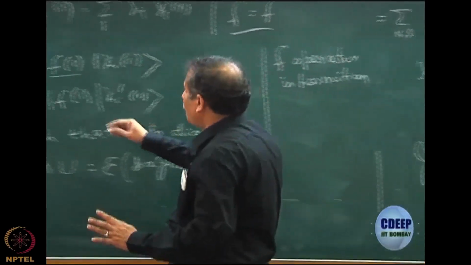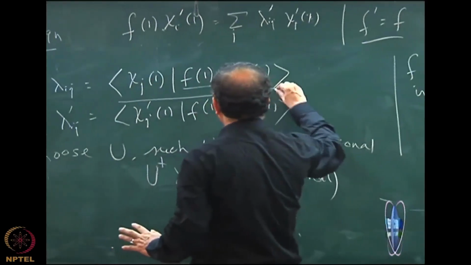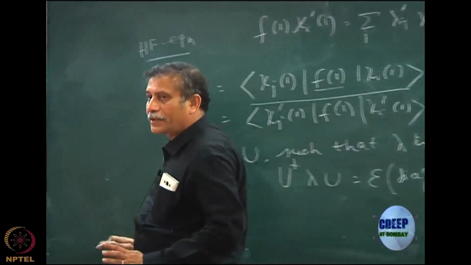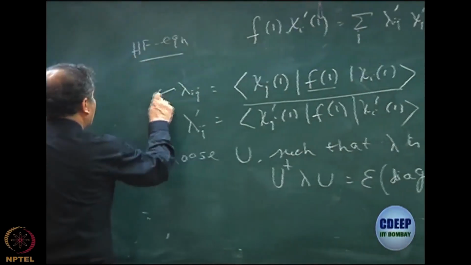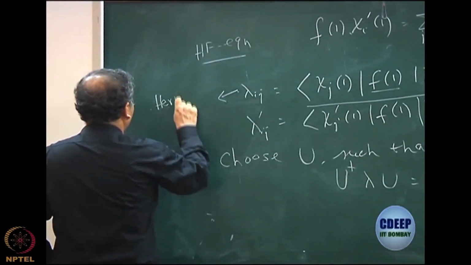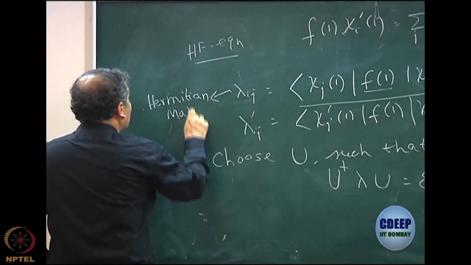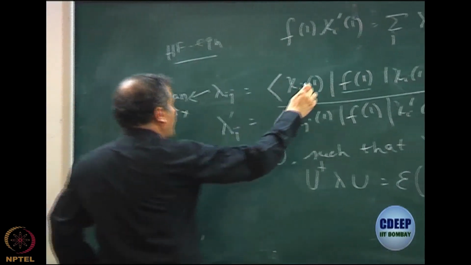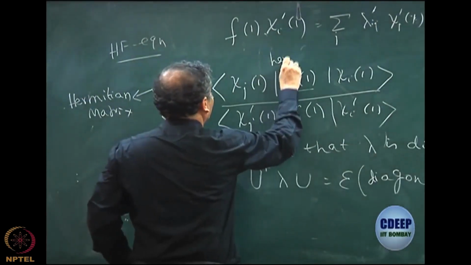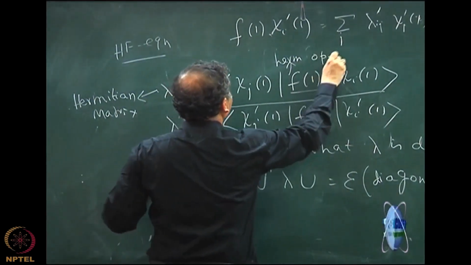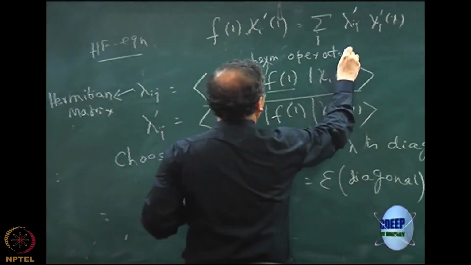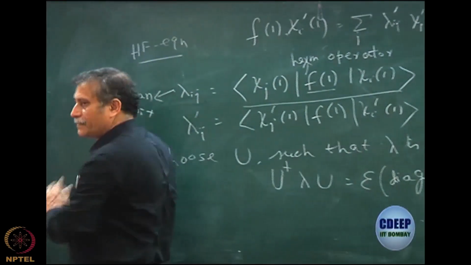This is nothing but a matrix element in an orthonormal basis of a Hermitian operator, and hence this is also a Hermitian matrix. This original lambda is a Hermitian matrix. Please note that there is a difference. This is a Hermitian operator, this is a Hermitian matrix, because this is a matrix, these are numbers.